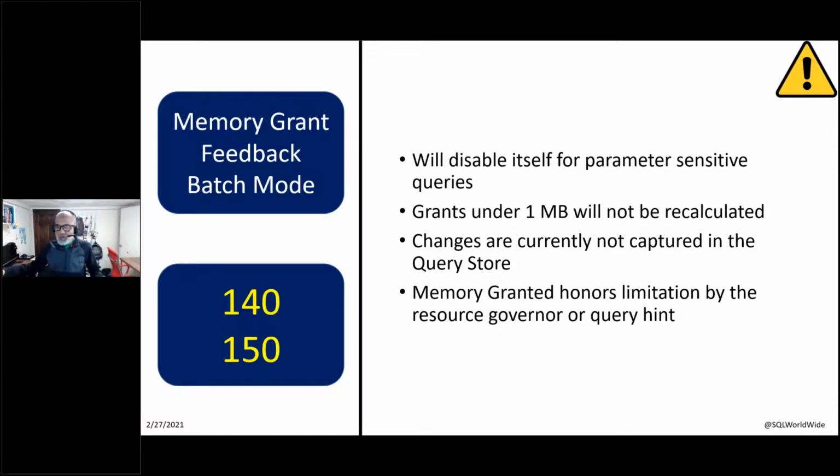Memory grants under 1 megabyte will not trigger. And if you use resource governor and you have set up memory grant limits, but the feedback is trying to give you more memory, your resource governor limits will still be honored.